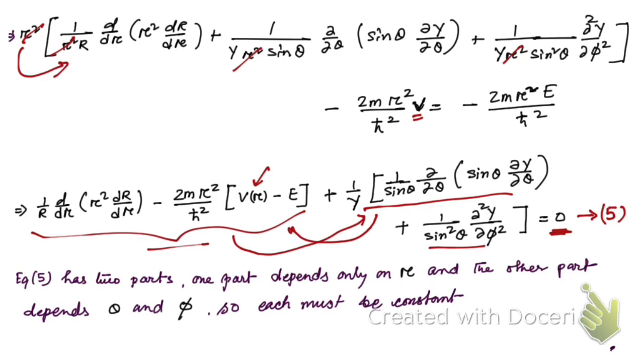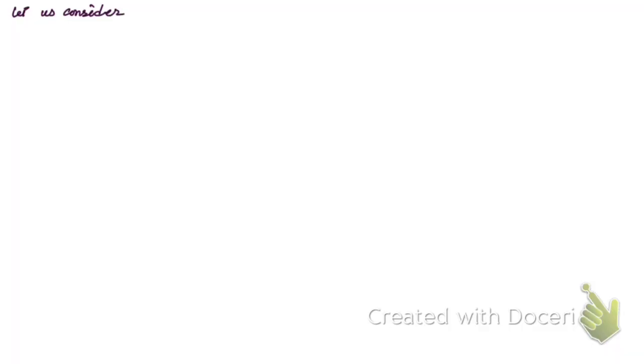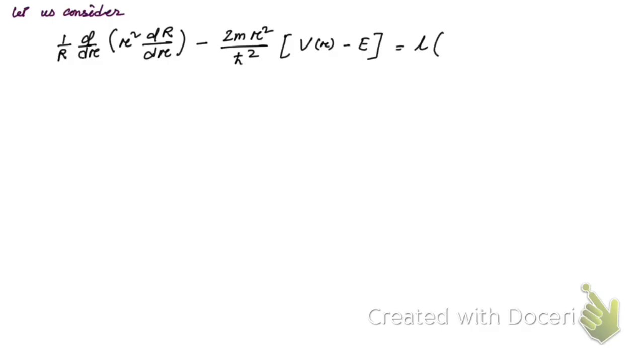Now let me go to the next slide. One part of this equation, and this is the next part of the equation. So let us consider the first part, which depends on r only, that is equal to l into l plus 1, let it be equation number 6.